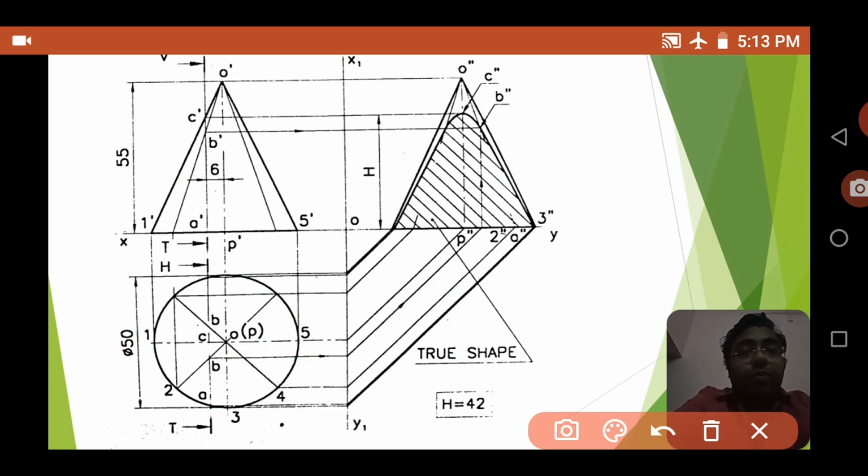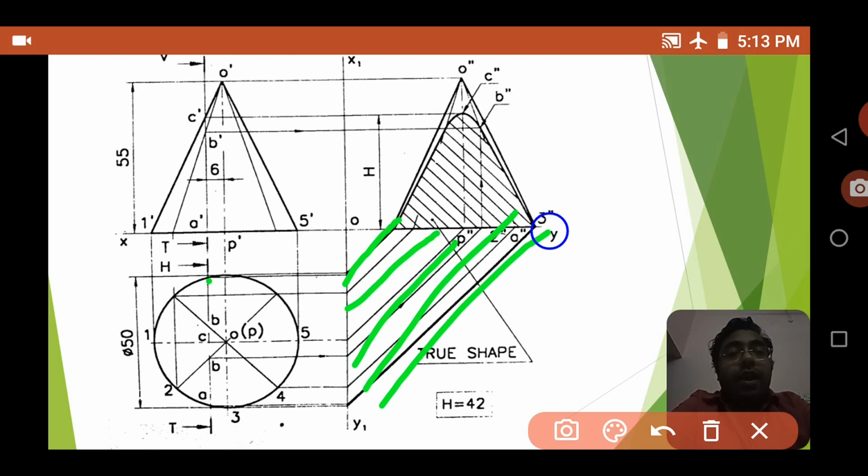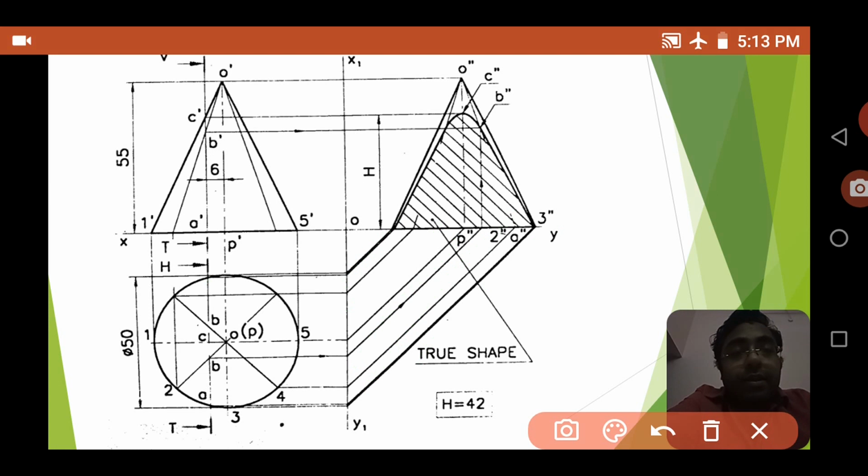Now we are going to project it. How are we going to do this? You have to draw horizontal lines from all the points of the circle, and then put 45-degree angled lines, every line, and you have to mark every point here. So you can see that 3 is coming here, and then at 45-degree angle, 3 double dash.